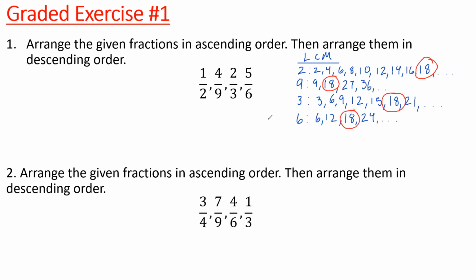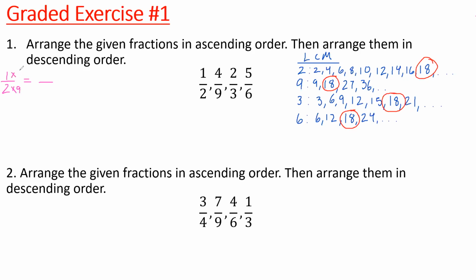All right, now what's the next thing we have to do? Go ahead, Samantha. We match all the denominators to get 18. What times 2 is 18? 2 times 9 is 18. And we put the 9 on top.